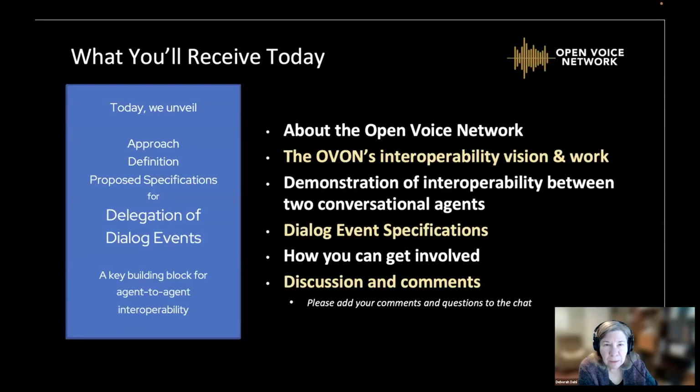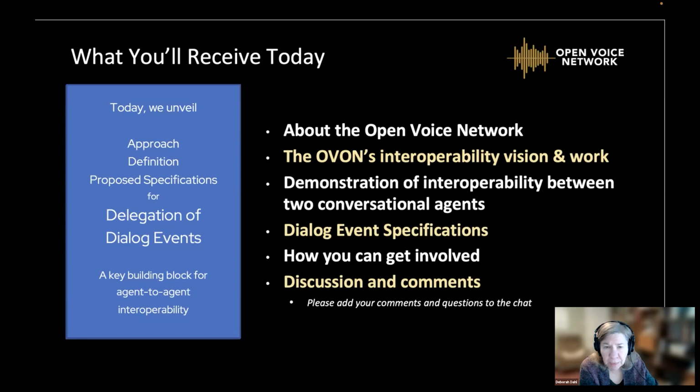This is just a quick overview of our agenda. We'll tell you about the Open Voice Network. We'll tell you about our interoperability vision and our work on interoperability. We'll demonstrate interoperability with two independent conversational agents. And then we'll give you a look at the dialogue event specifications that underlie the demo.